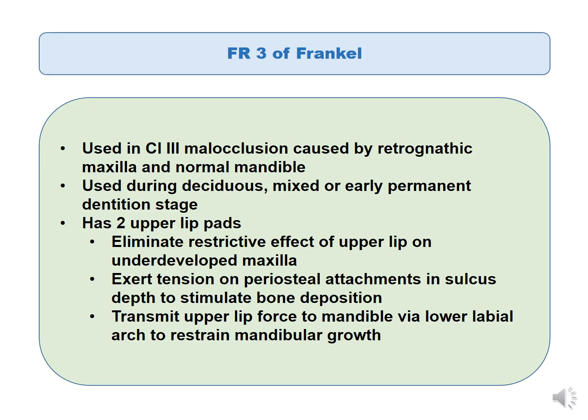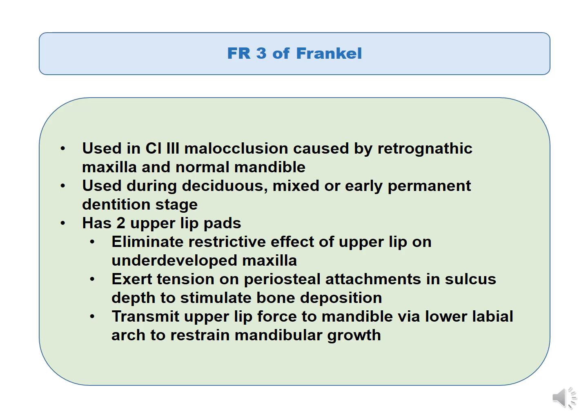Okay, now the FR3 of Frankel is used in class 3 malocclusion caused by a retrognathic maxilla and a normal mandible. It can be used during the deciduous, mixed, or early permanent dentition stage. It has two upper lip pads which eliminate the restrictive effect of the low upper lip on an underdeveloped maxilla, and exert tension on periosteal attachments in the sulcus depth to stimulate bone deposition.